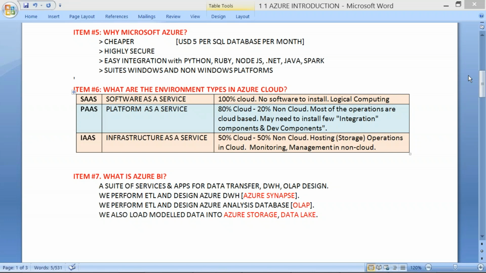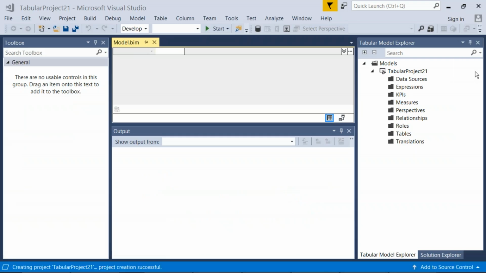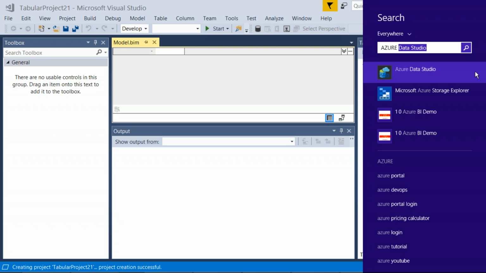the best example for infrastructure as a service in our course, in our actual Azure environment, we'll come across something called Azure Data Studio and Data Explorer components. For example, here we go. There are certain tools like Azure Data Studio, Storage Explorer.